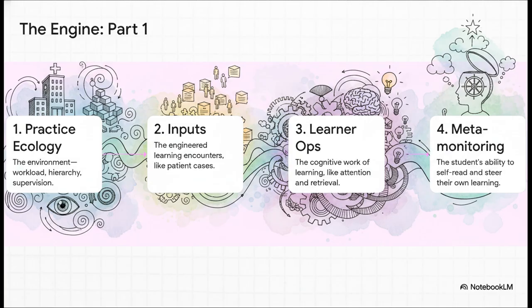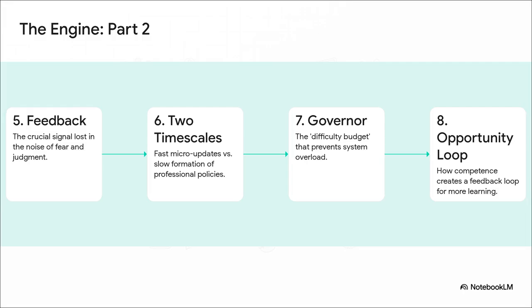So here's how the engine is supposed to work in a perfect world. That practice ecology, the environment, shapes the learning inputs, the patient cases a student is assigned. Those inputs then trigger the learner's internal cognitive work, their learner operations, and all of that, ideally, helps them develop meta-monitoring, which is their ability to look at their own thinking and figure out what they do and don't know. From there, the system spits out feedback, which is either a crystal clear signal for improvement or just a bunch of static.